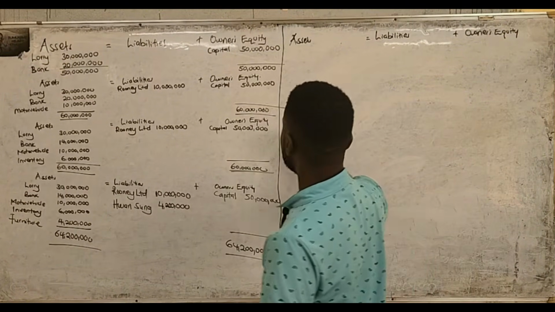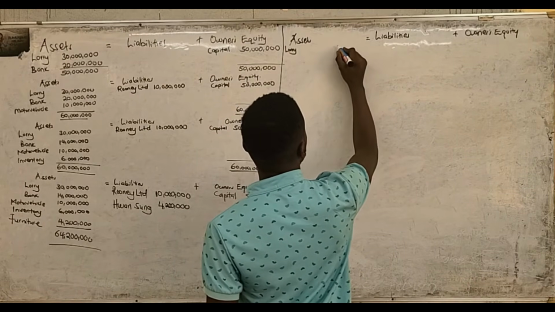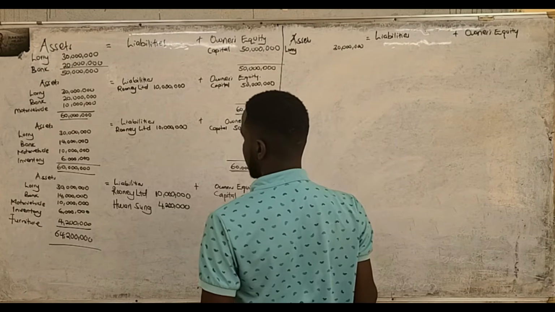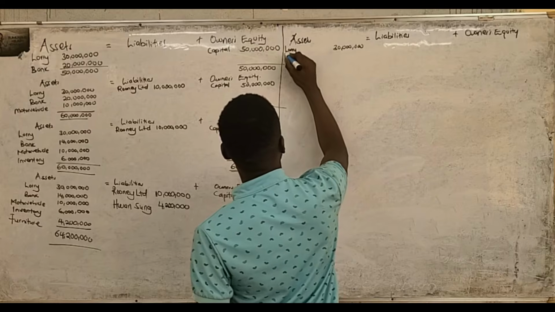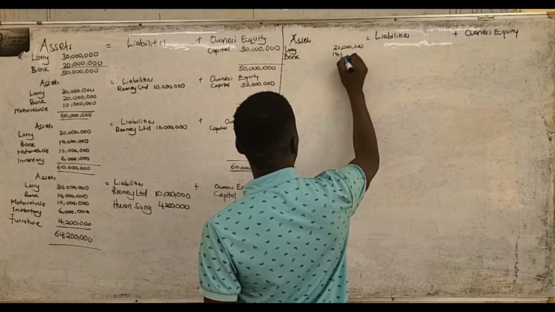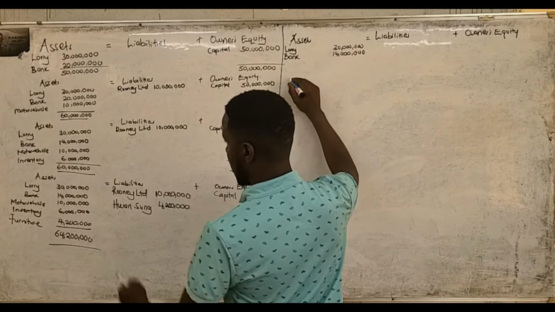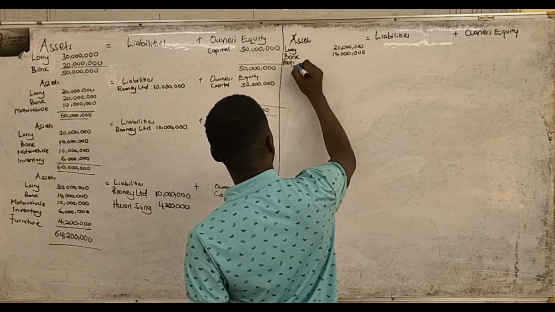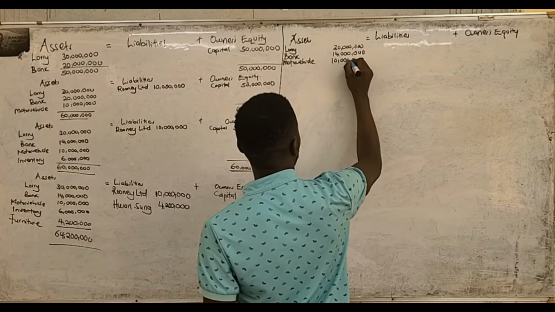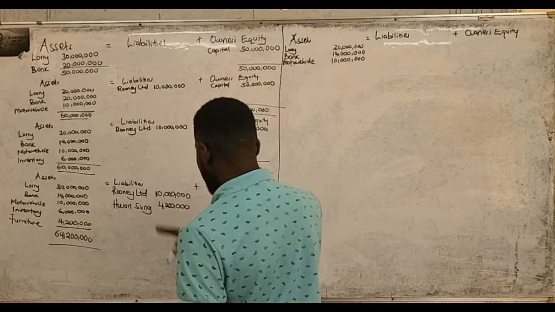So we still continue. We shall have our lorry, and our lorry is 30 millions. Then we shall have cash at bank, and our cash at bank is now 14 millions. Then we have our motor vehicle, and our motor vehicle is 10 millions. Then our inventory.